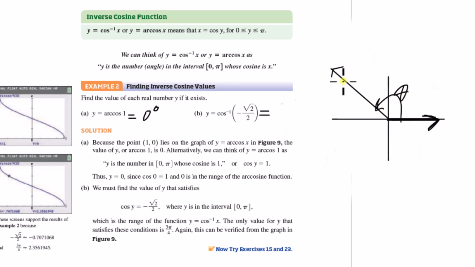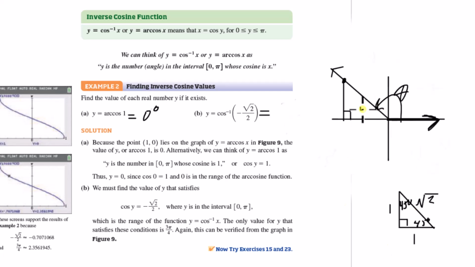Okay, so now if we think about root 2 over 2, 1 over root 2 is equal to root 2 over 2. It's been rationalized. And so we know the 45-45-90 triangle has sides 1, 1, and root 2.